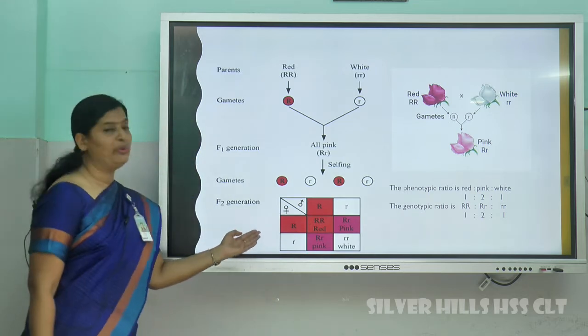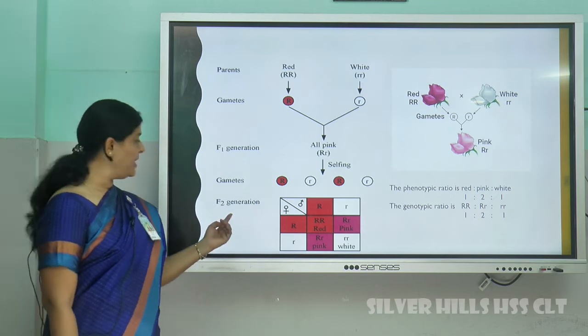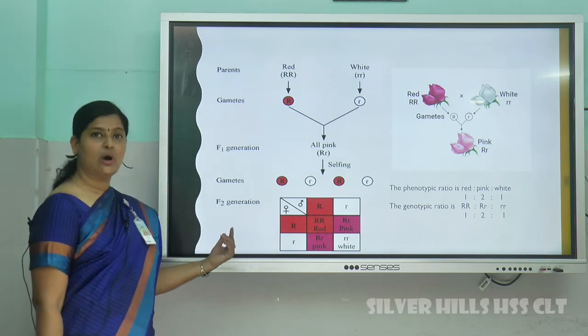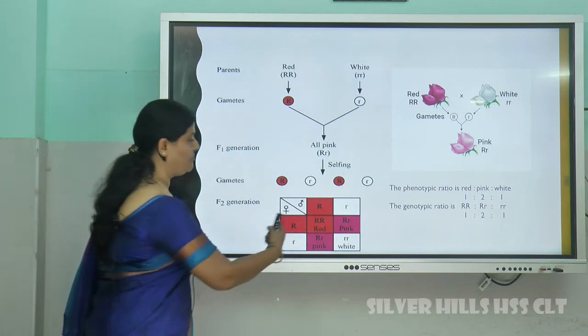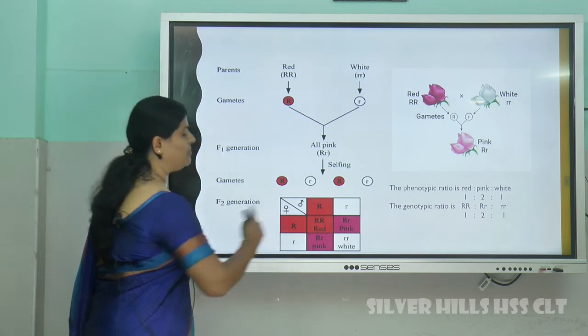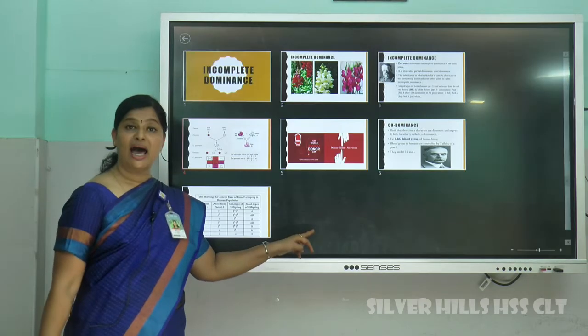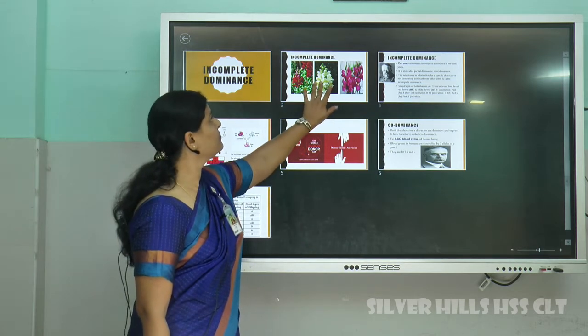Now, see the Punnett square, right? We'll do the cross multiplication of it and raise the second generation, which is called the F2 generation. So, capital R makes what? Red flowered plants. See, these plants are red in color, right?